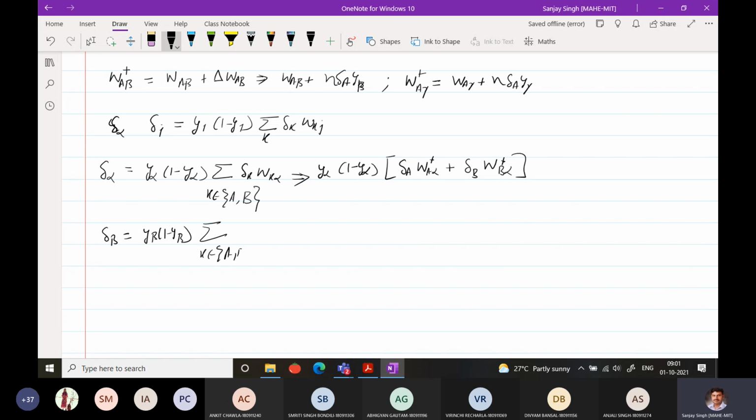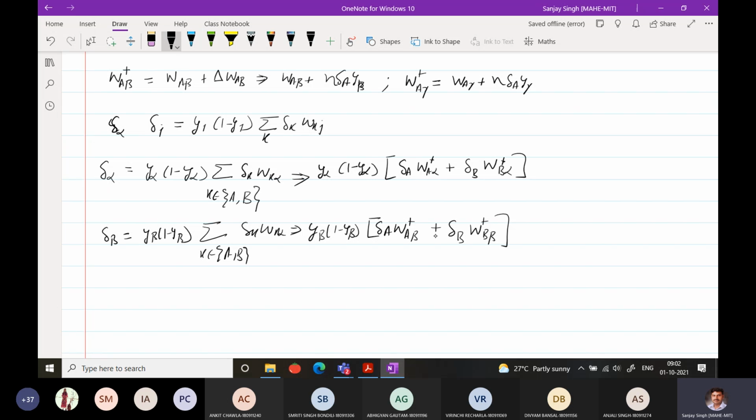So A and B, delta k wk, I can write very easily y beta 1 minus y beta, and here this will remain same, W A beta plus delta B W B beta.